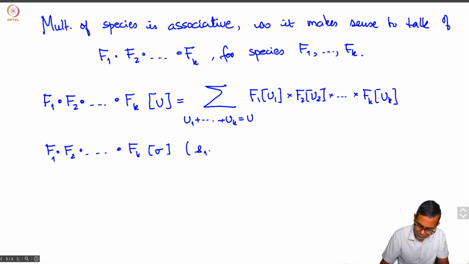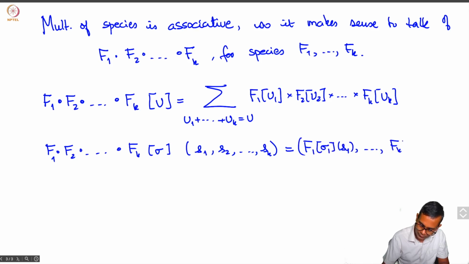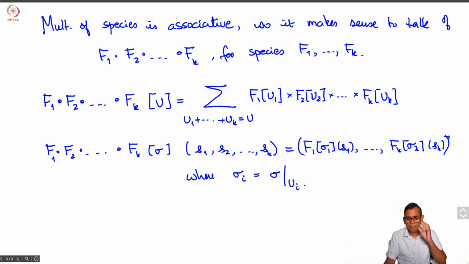So if I have S1 an F1 structure on U1, S2 an F2 structure on U2, up to Sk, then this will go to F1 sigma 1 S1, up to Fk sigma k Sk, where sigma i is just sigma restricted to Ui, and this will be a bijection onto its image.